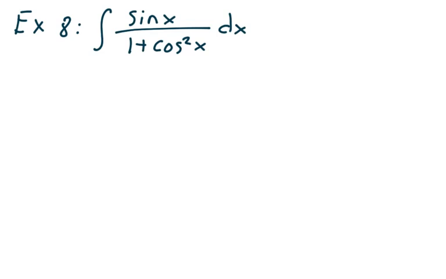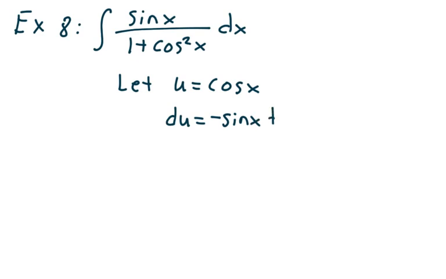If I look at that, I already know that the derivative of the cosine is negative sine, and so that makes a pretty good u. You have to look for a u so that when you take the derivative, it's somewhere present in the integral, if that makes sense. And so I'm going to let u be cosine of x, because du is negative sine x dx.